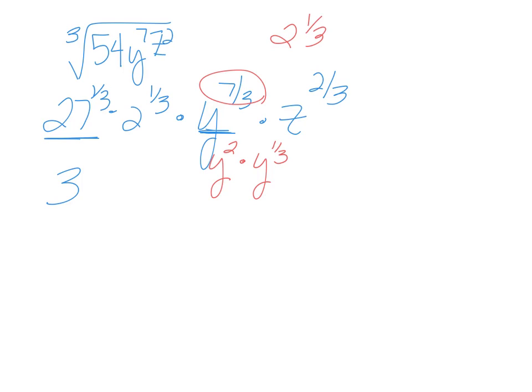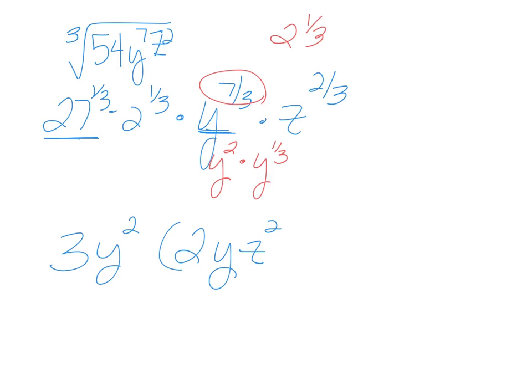So that's y to the second power, y to the 1/3 power. I'm just going to move that down a little bit. So 3 times y squared times, I have a 2 left over, a y left over, and a z squared left over. All of these are to the third power.